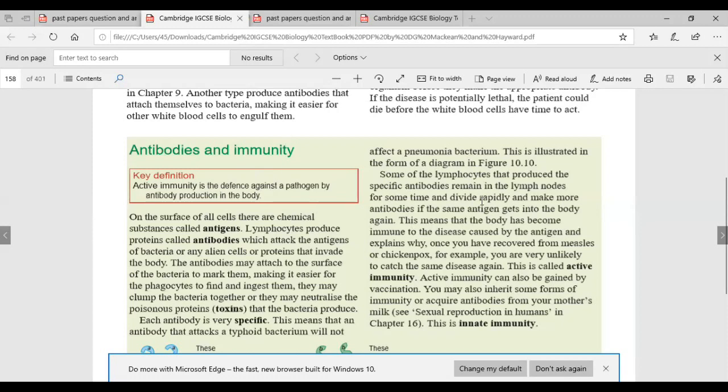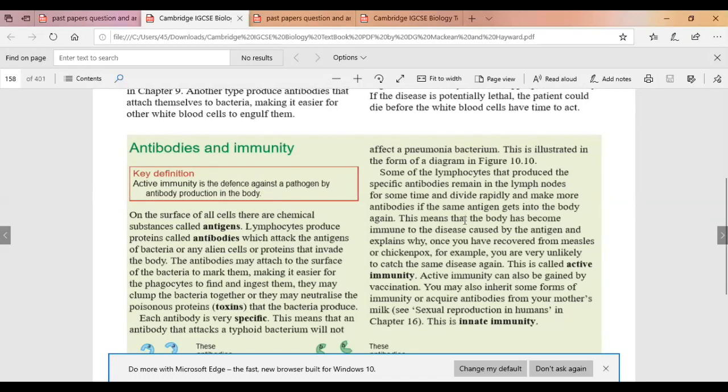So now I will revise antibodies and immunity. What is the difference between active immunity and passive immunity? Shahad, what is active immunity? Shahad, you hear me?